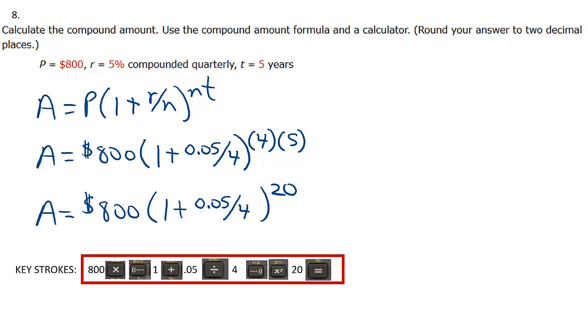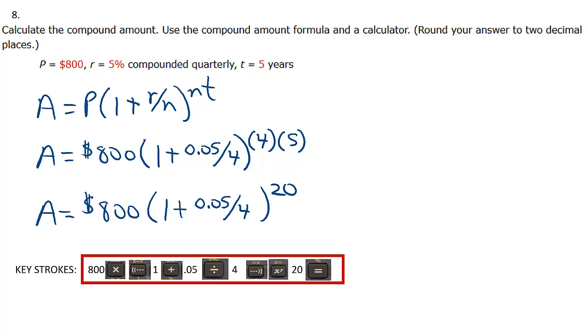And you can type this directly into your calculator if you want to. On some of these simpler ones, I've been just doing it a step at a time. But when you get it to this point, you really could just type it in the calculator. You type in the 800, then you've got that implied multiplication, so you hit times, and then you've got the left paren, and then 1 plus, and then you want to take 0.05 and divide it by 4. Then you want to close and get the right paren.